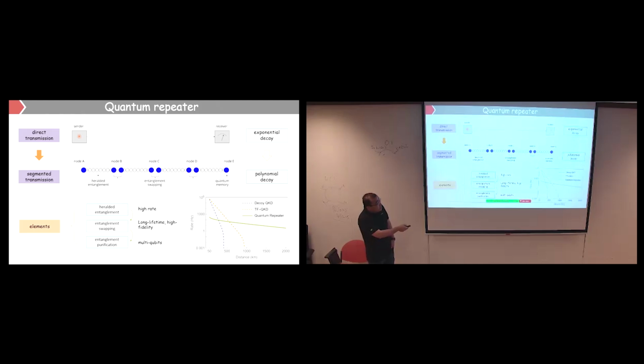If you use TF QKD, you can increase the distance, even to 1,000 kilometers, but the reasonable key rate is still about 300, 400. But how about 1,000 kilometers? Can we still reach some 1,000 qubits per second? You use a quantum repeater. TF QKD is like a one-step quantum repeater, but if you have many quantum memories, you can do multi-step TF QKD.